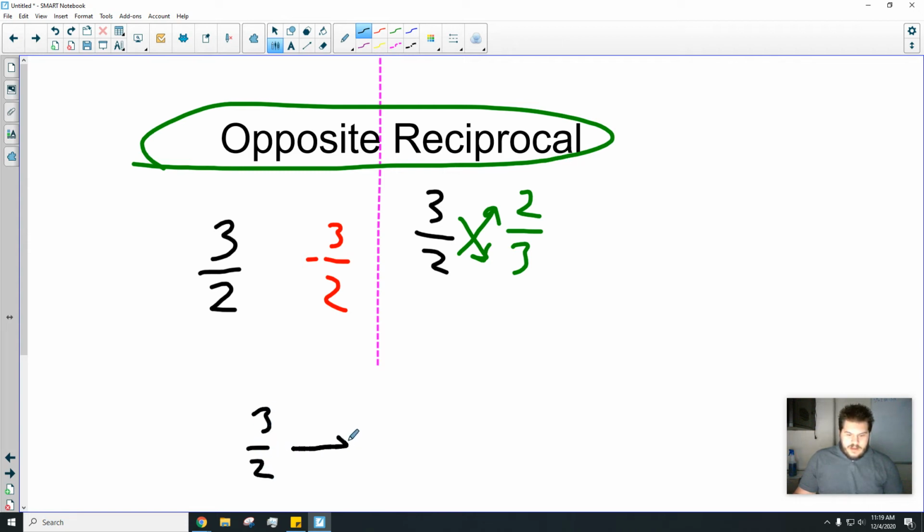If I want to find the opposite reciprocal, I know since 3 over 2 is positive, it's going to be negative. And I know the reciprocal of 3 over 2 is 2/3. So boom, negative 2 over 3. So the opposite reciprocal of 3/2 is negative 2/3. So you flip the number and change the sign.